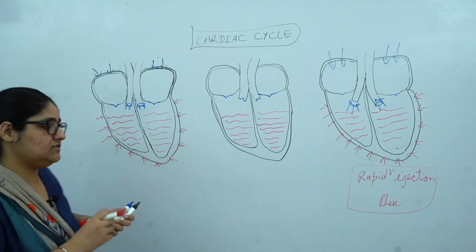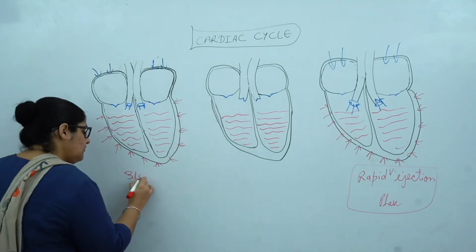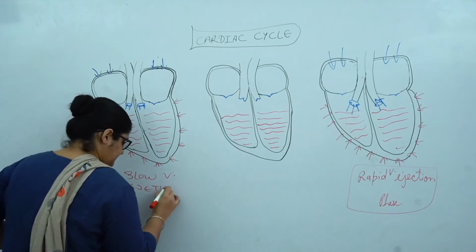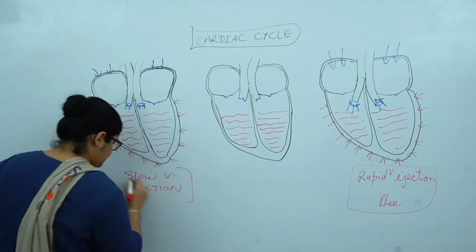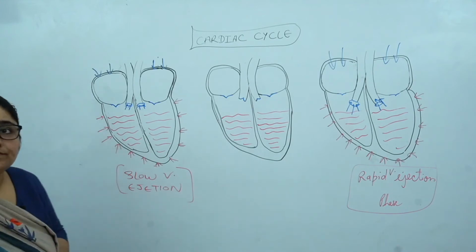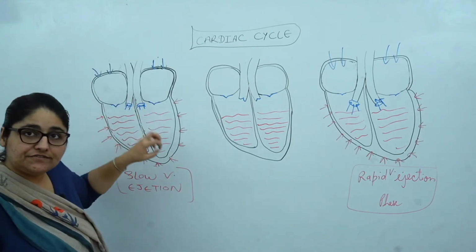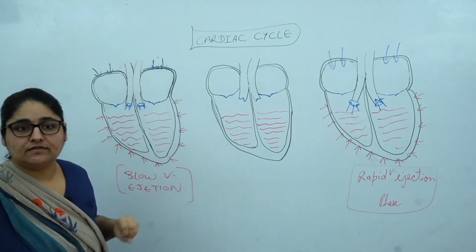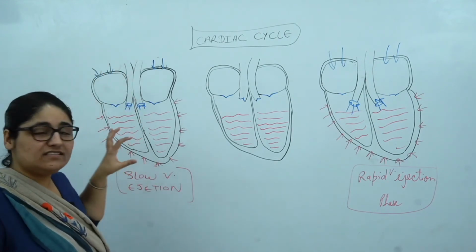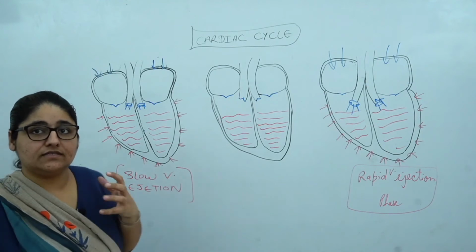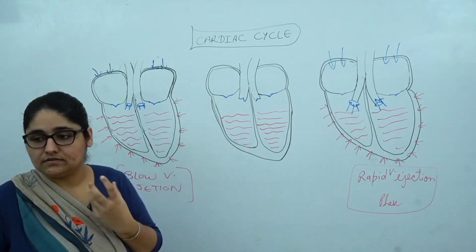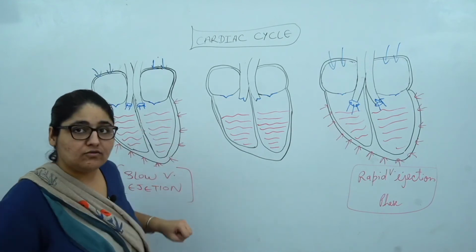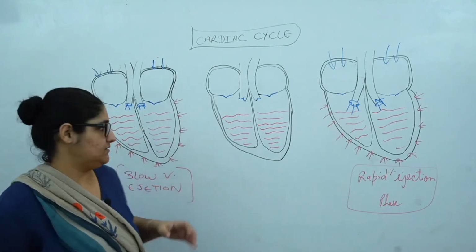This stage is called slow ventricular ejection. The ventricles are still ejecting blood into the tubes, but the speed, the intensity has slowed down.